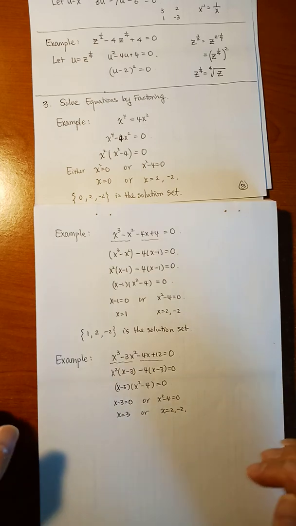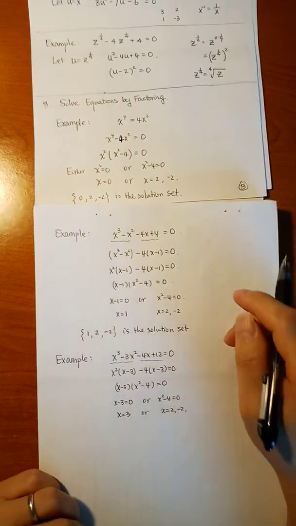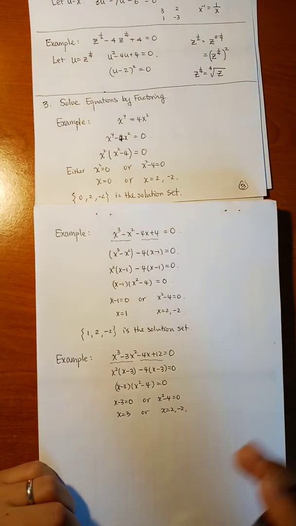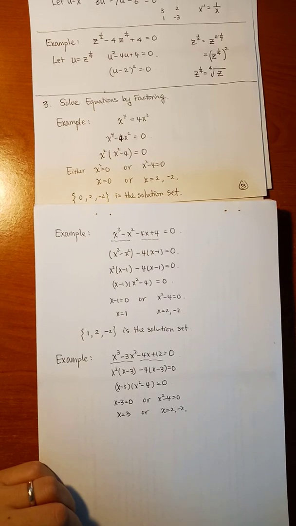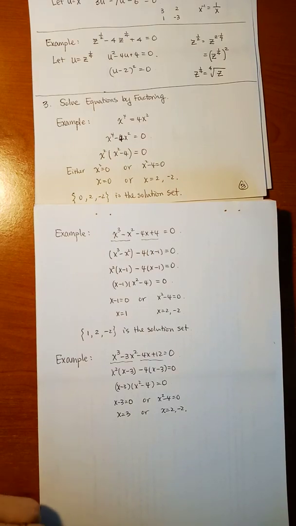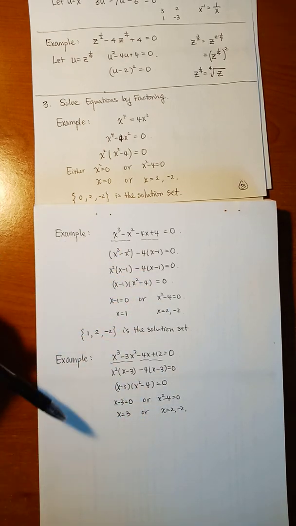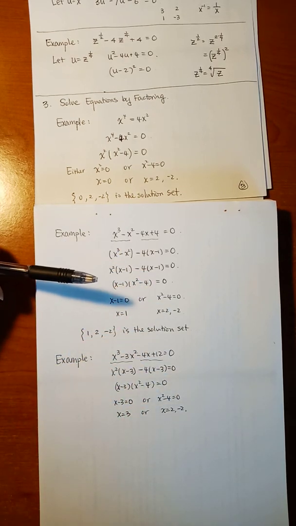Okay, so this finishes section 1.4. In 1.4, we studied several types of equations. The radical equations, the equations quadratic in form, and some special equations so that you can factor them. Not all equations can be factored.